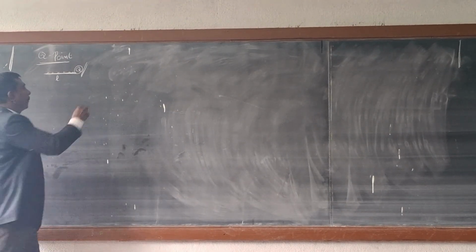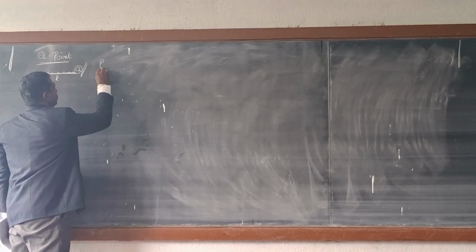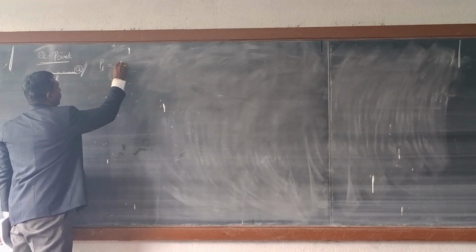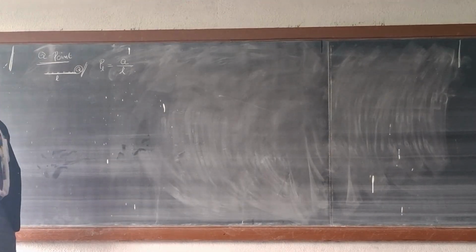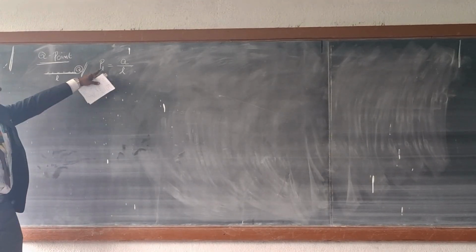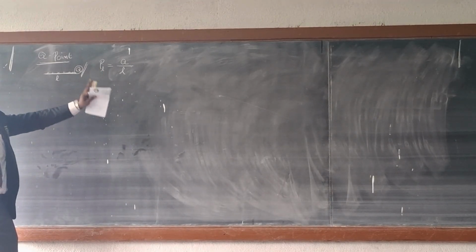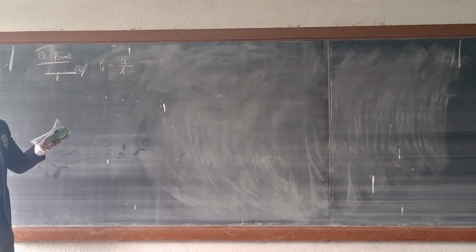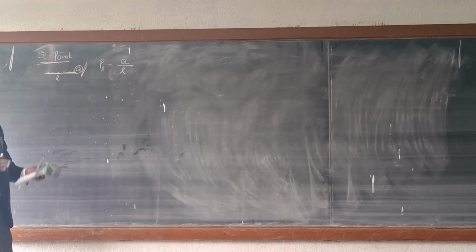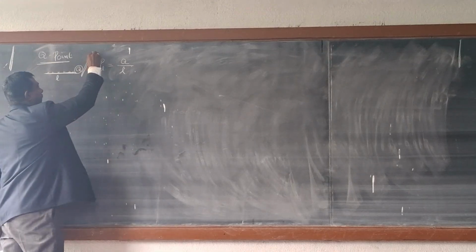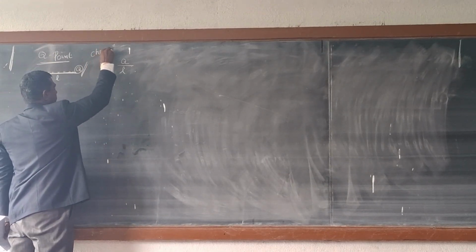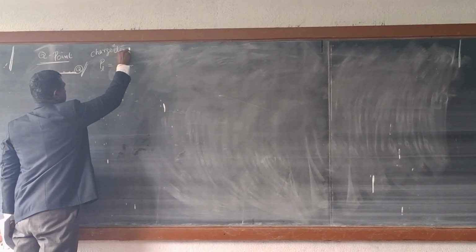Rho L equals total charge divided by length of the line. So rho L we can call charge density, right? Amount of charge divided by length of the line. We call it charge density.